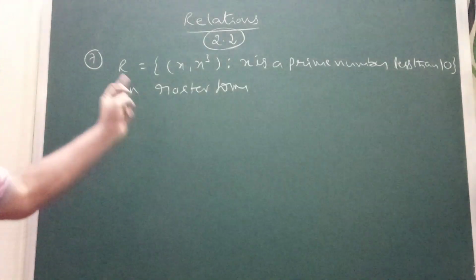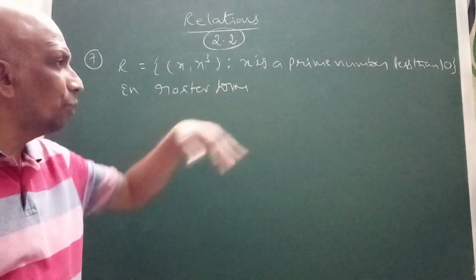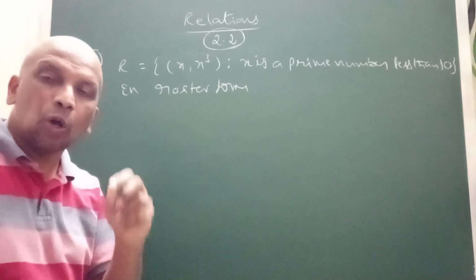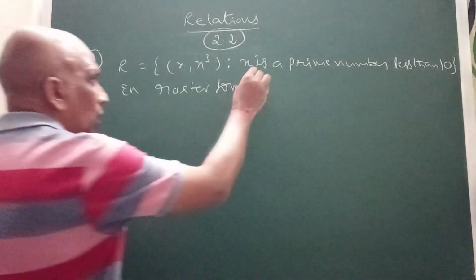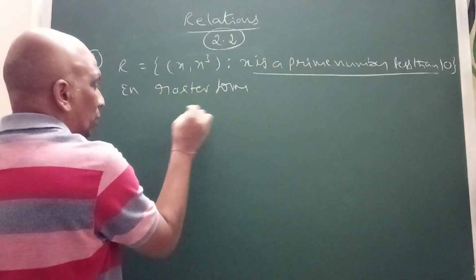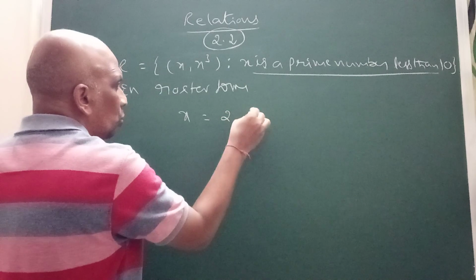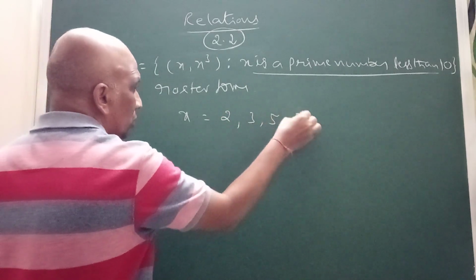Now in this problem, you can see the given R is equal to (x, x cube), where x is a prime number less than 10. They are talking about prime numbers less than 10. So x will be equal to 2, 3, 5, 7, right?